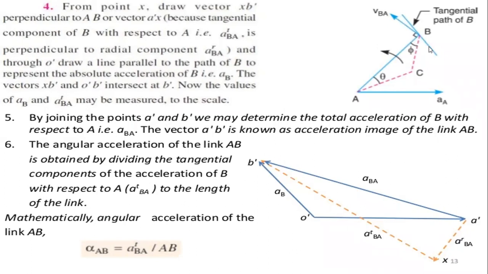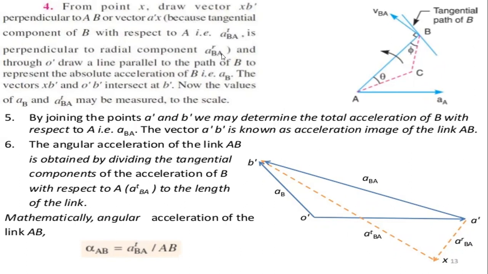That is the tangential component of acceleration of B with respect to A, which is perpendicular to the link AB. Here also I am taking that the tangential component of B with respect to A is perpendicular to the radial component, that is ARBA.